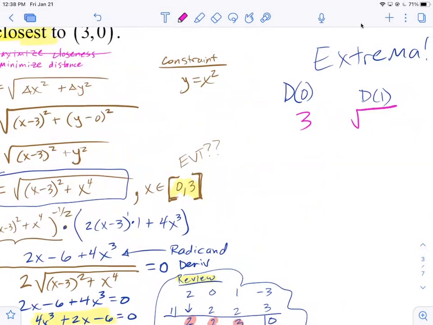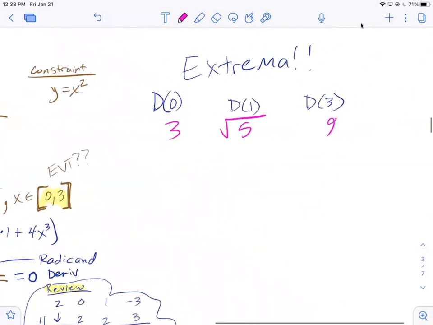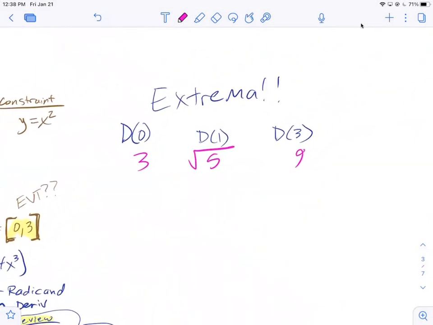So what's 4 plus 1? 5. So here are my 3 distances. 3, square root of 5, and 9. Which one of those is the smallest? Square root of 5. Okay. So it turned out that the critical value was still the winner.